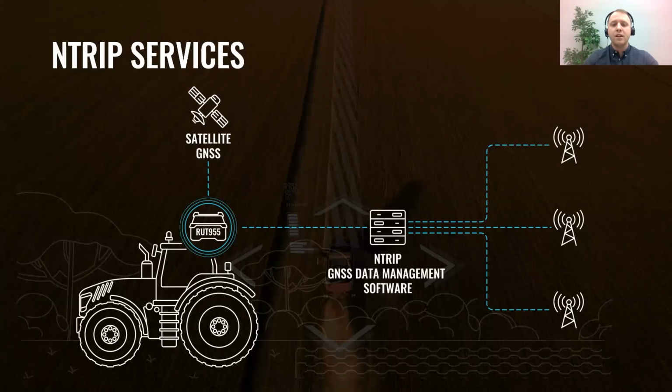The router, with the help of the GNSS antenna, gets location information and sends it to a GNSS data management software, or NTRIP caster for short. The caster, with additional information from closely located base stations, calculates the exact location of the target. With that location information, you can do whatever you want.